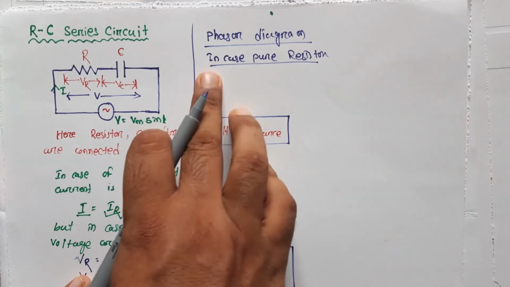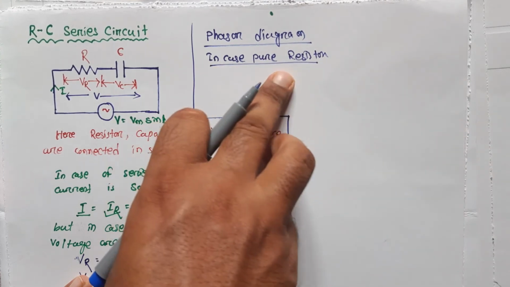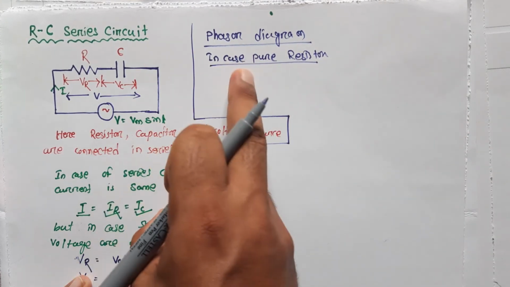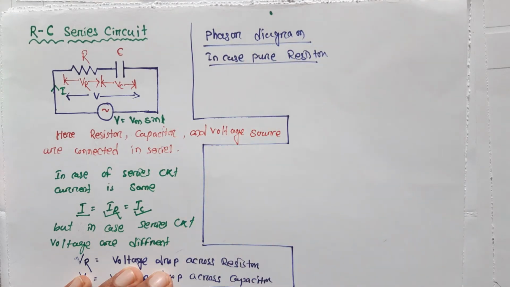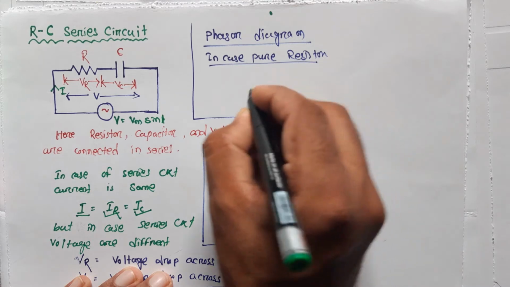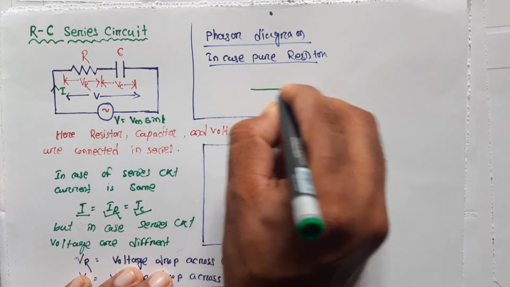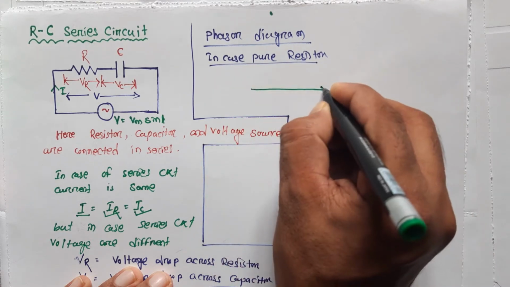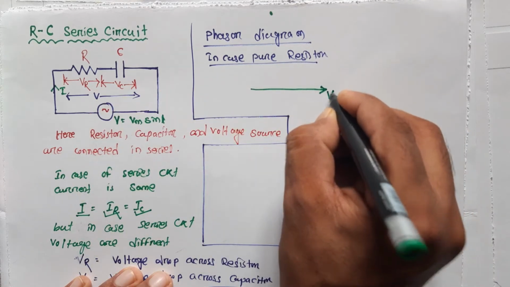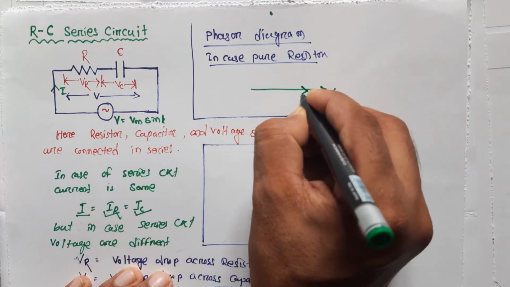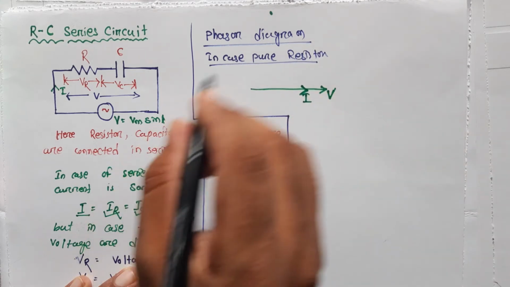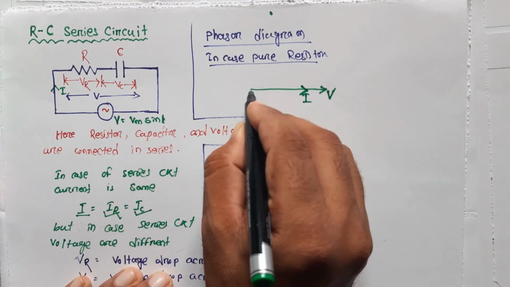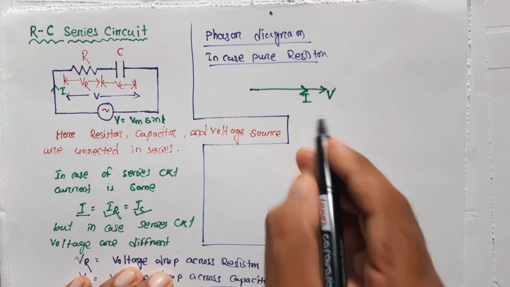In our previous video we explained the phasor diagram when only a pure resistor is connected. The voltage is in phase with the current. In the case of a pure resistor there is no phase difference between voltage and current.